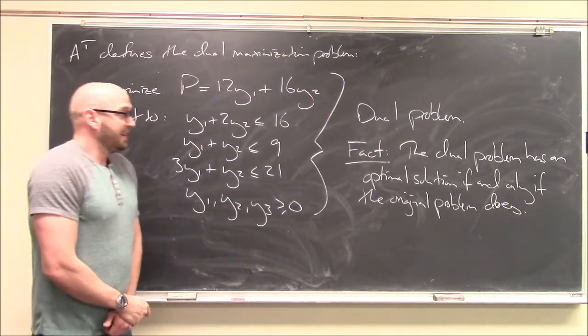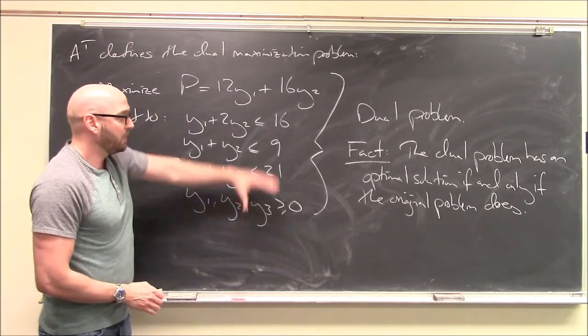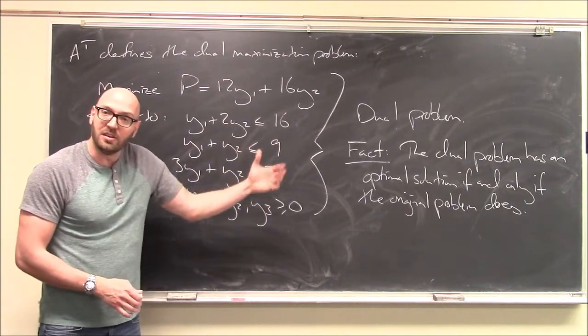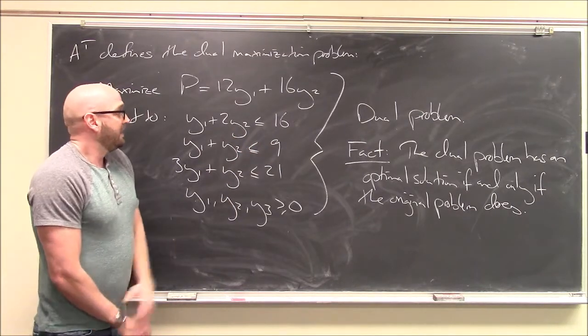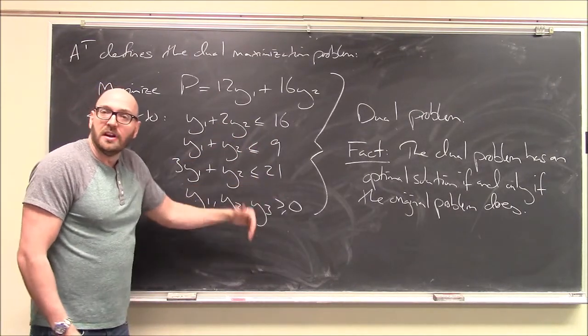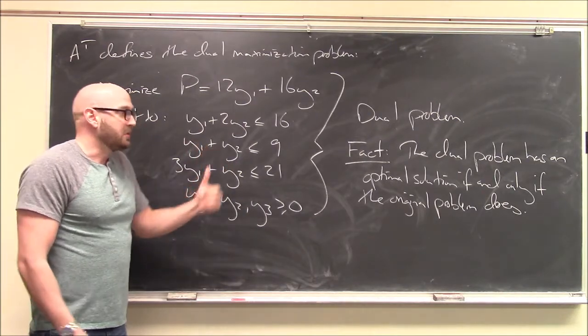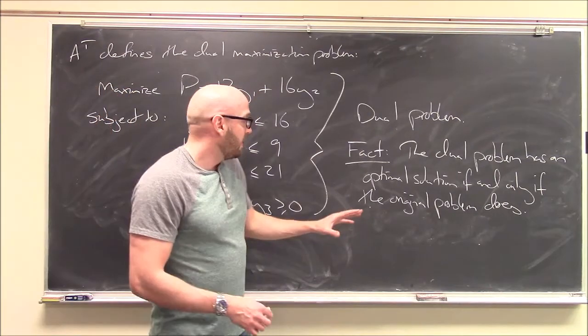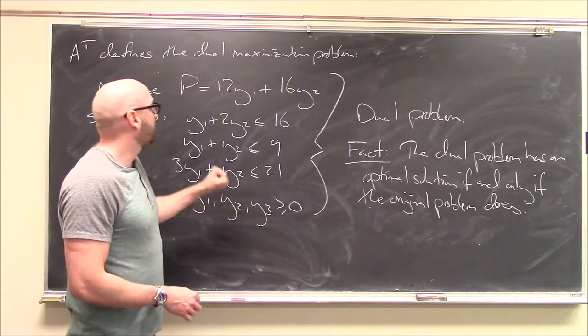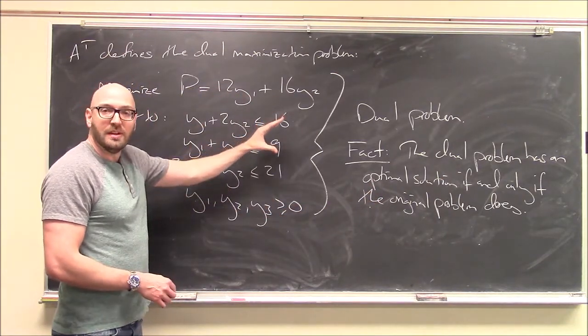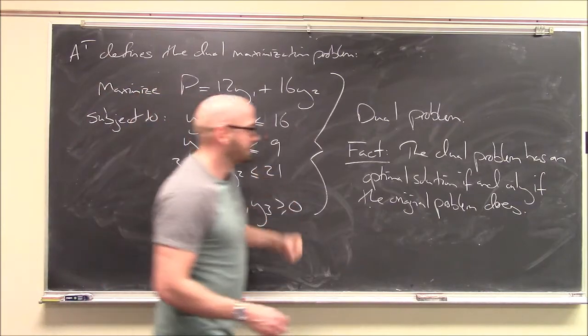Okay, so if I were to solve this dual problem, which I can do using the simplex method because it's a maximization problem in standard form, if I find an optimal solution for this, then I know the original minimization problem has an optimal solution. And moreover, if an optimal solution exists, then the optimal solution for the dual problem is the same as the original problem.